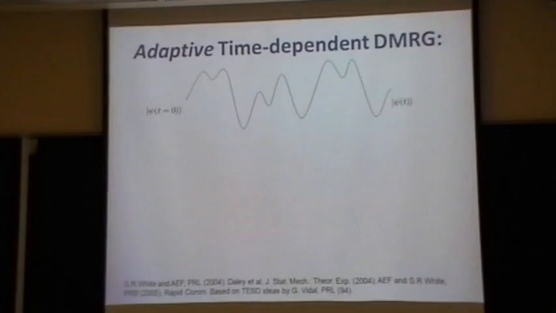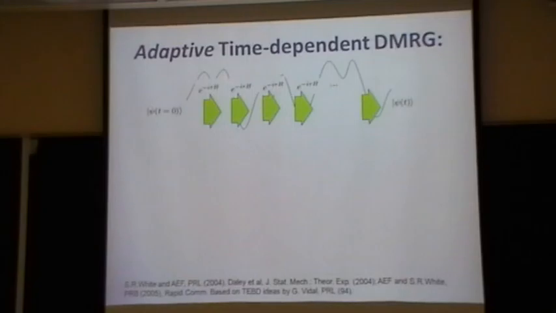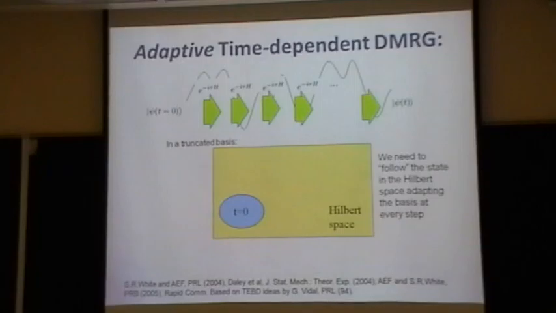So then comes the adaptive time-dependent DMRG. The basic idea, as I said before, is to evolve the state from time 0 to time t by applying the evolution operator. And we apply the evolution operator in small steps of size tau. And the idea is that at every step, as you go in time, you sort of adapt your basis by following the state in the Hilbert space.